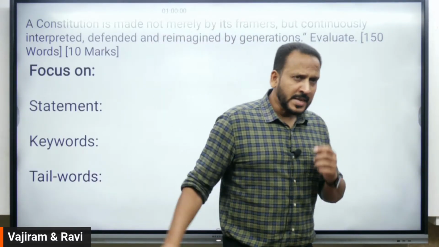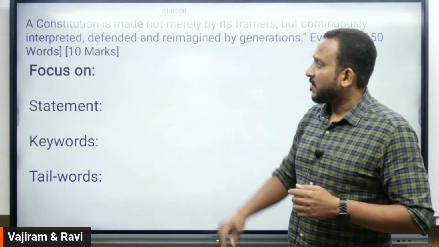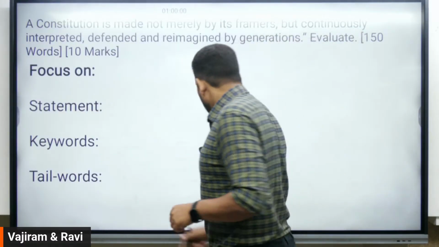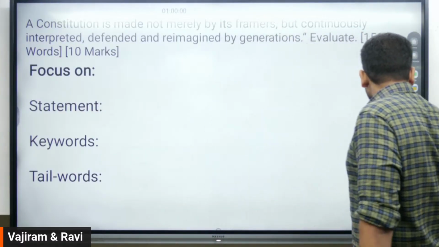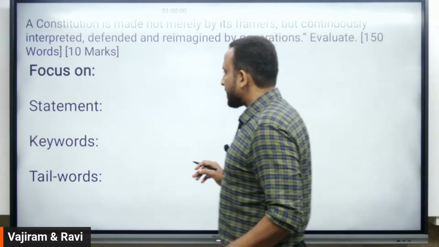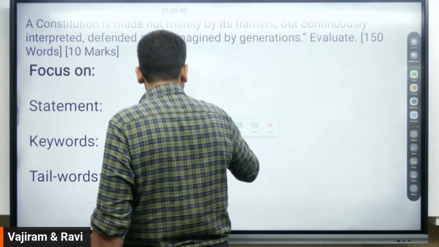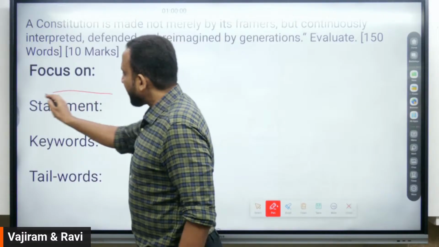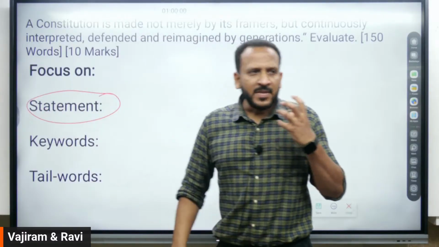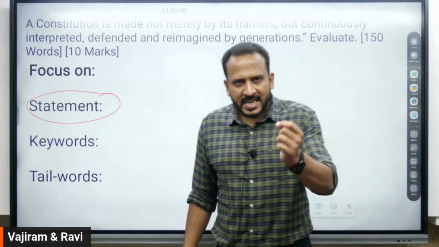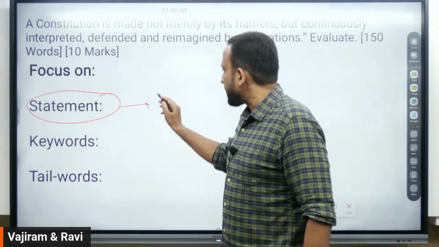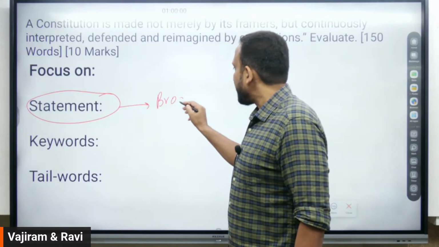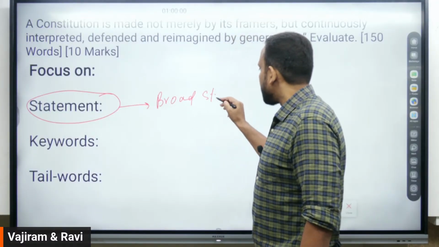Now, the second part is the statement of the question. Now read the question and tell me. First, I will tell you one thing and then I'll ask you the question. Whenever we find the scope of the statement, we get the broad structure in the answer.